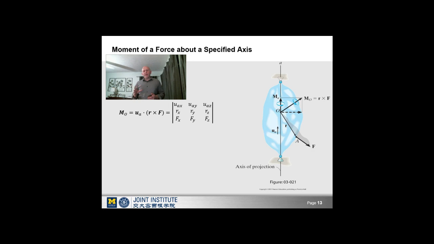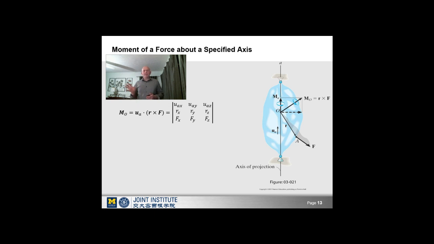Here, if I wanted to take the moment about an axis, let's call that axis A, with unit vector direction UA. So I can put my thumb in that direction of UA, and then I have the force F applied at some position R, right?